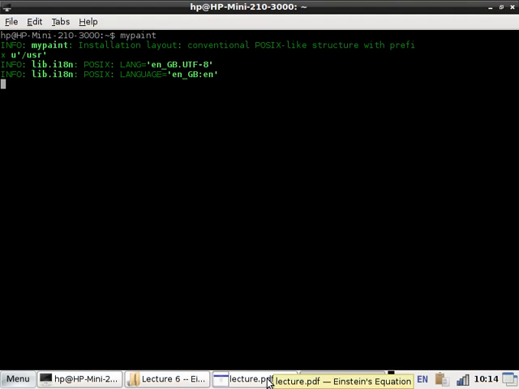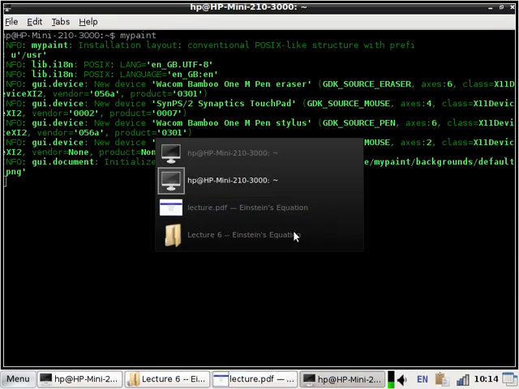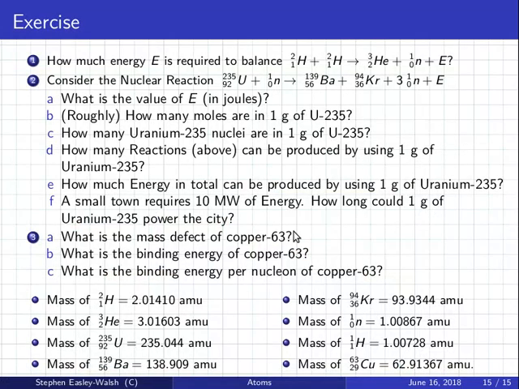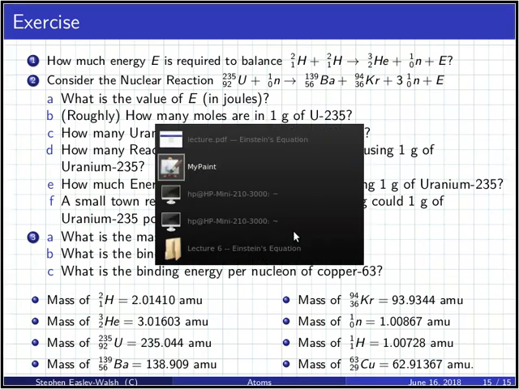I'll need your calculator help here. How much energy is required to balance this equation? So, let's have a look. You have H2. Oh, come on. You're not that hot.